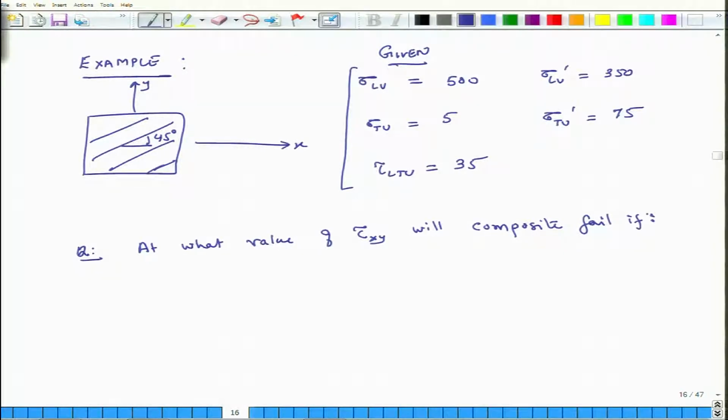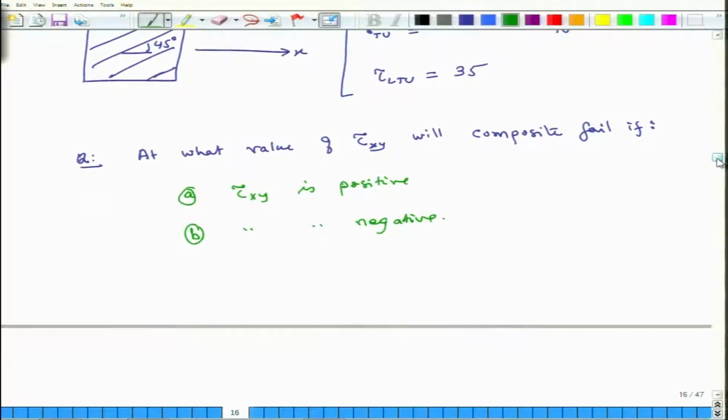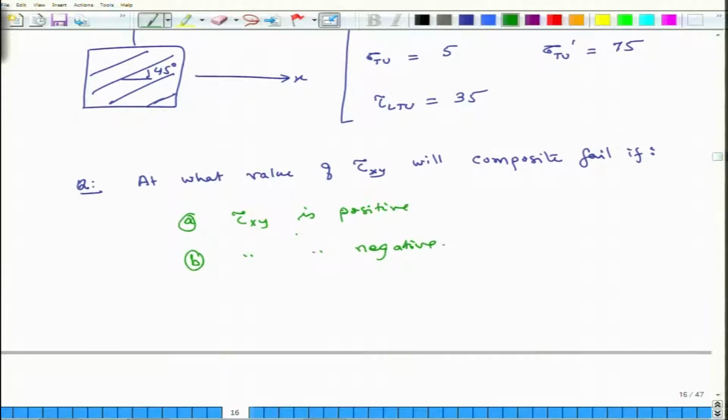There are two conditions: A, tau xy is positive, and B, tau xy is negative. So, at what value of tau xy will the composite fail if tau xy is positive, and the other one is if the shear is negative.